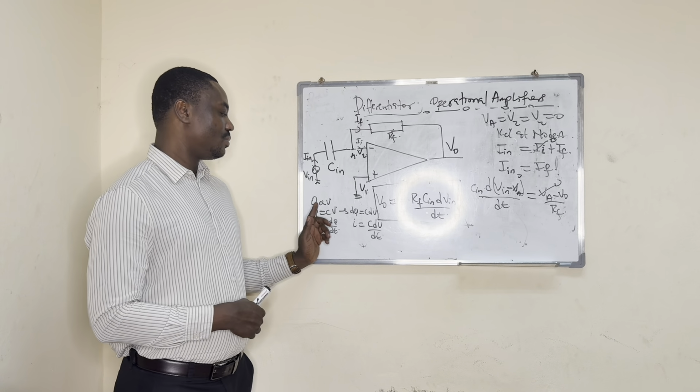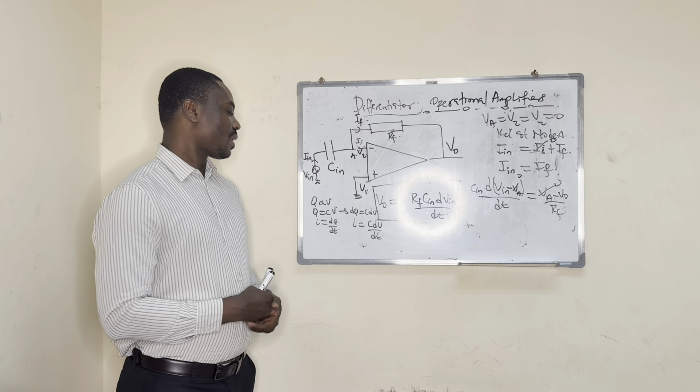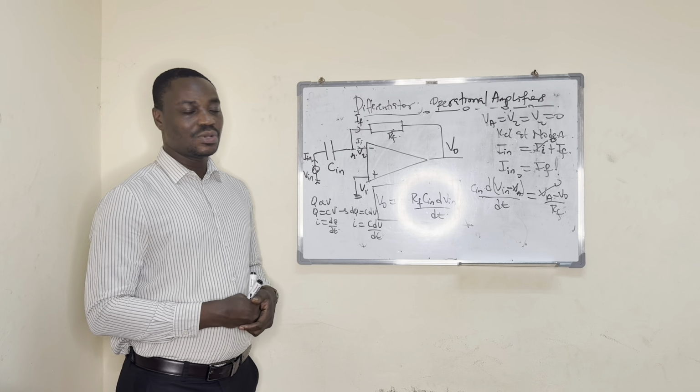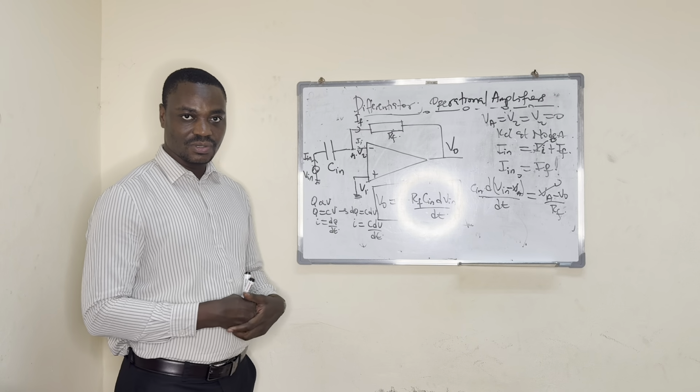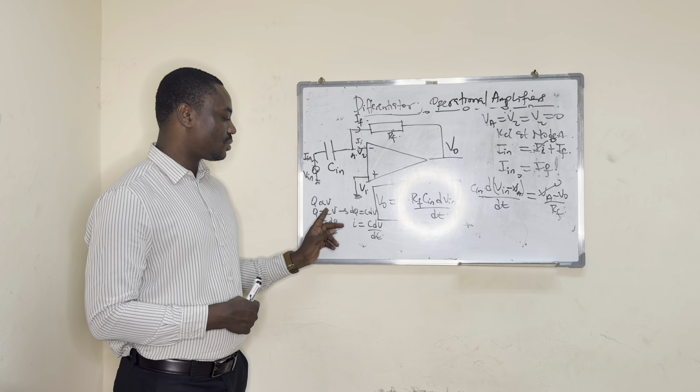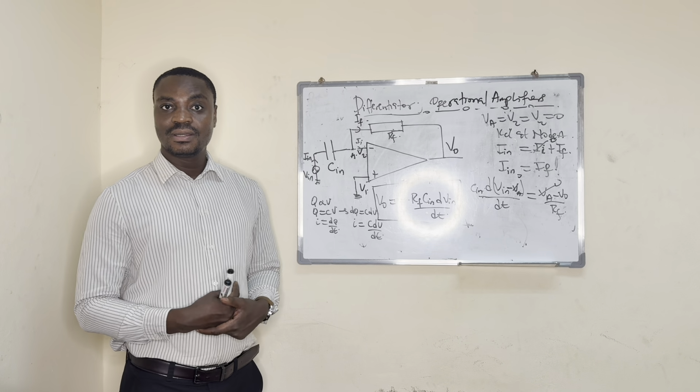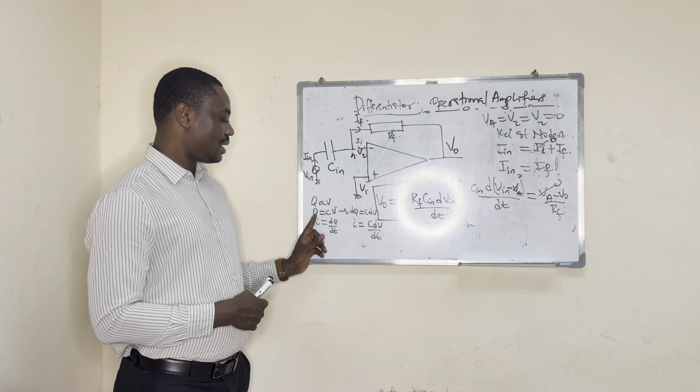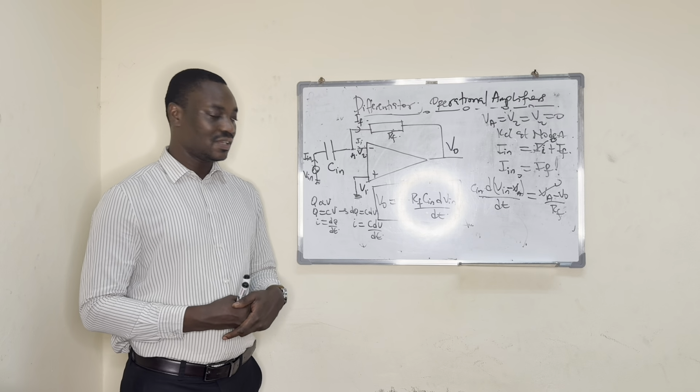When you connect a capacitor to a voltage source, there is a buildup of charges proportional to the voltage supplied, so charge equals capacitance times voltage.